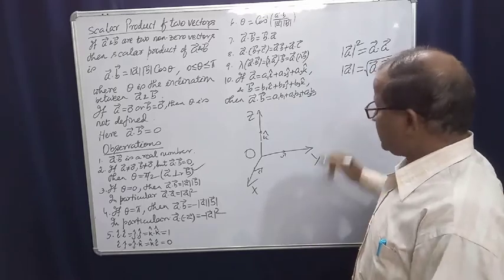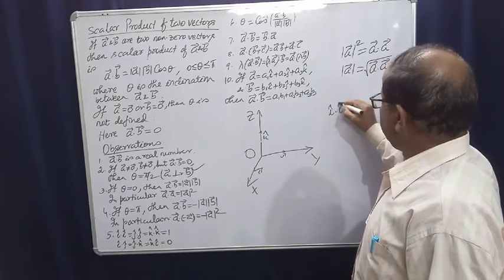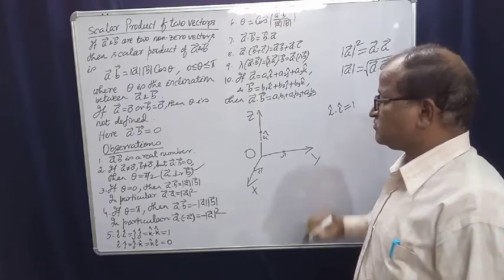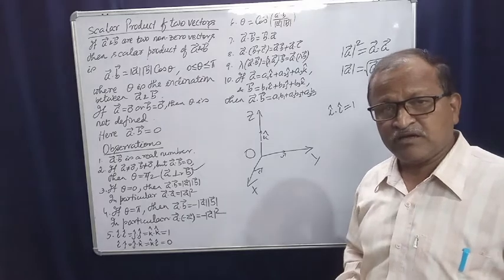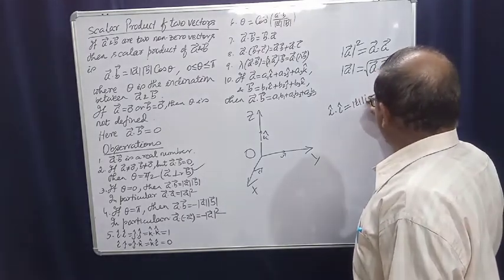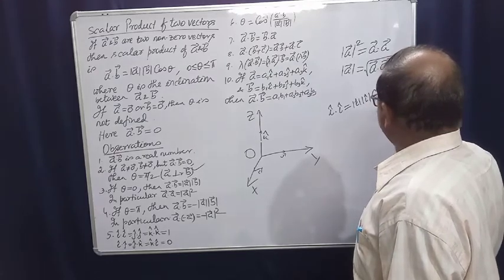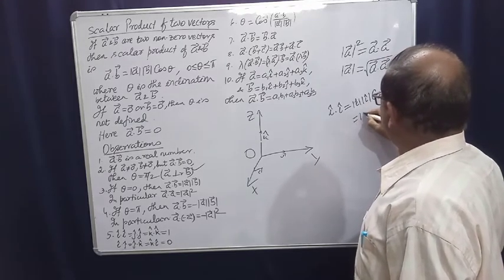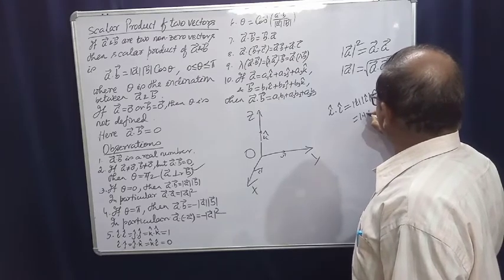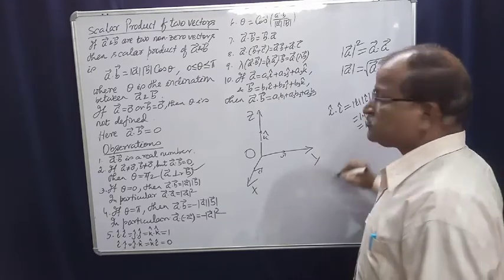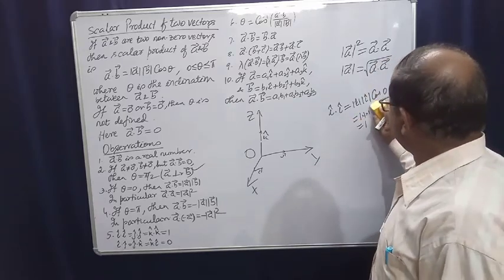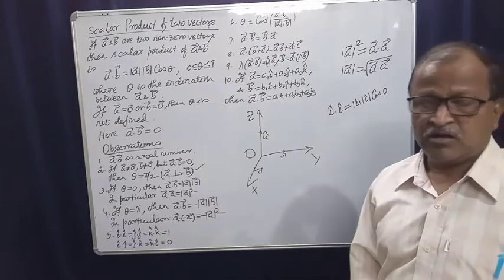Then i dot i will be what? It is 1. I dot i is magnitude of i into magnitude of i into cos 0, which is 1 into 1 into 1. That means it is 1. Cos 0 is 1. So anyway, i cap dot i cap is 1.